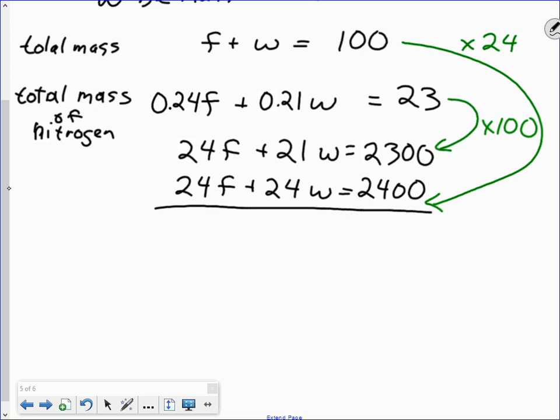Now I can eliminate F by subtracting these two equations. 21 minus 24 is negative 3W, and 2300 minus 2400 is negative 100. So dividing both sides by negative 3 gives me about 33.3 for W.